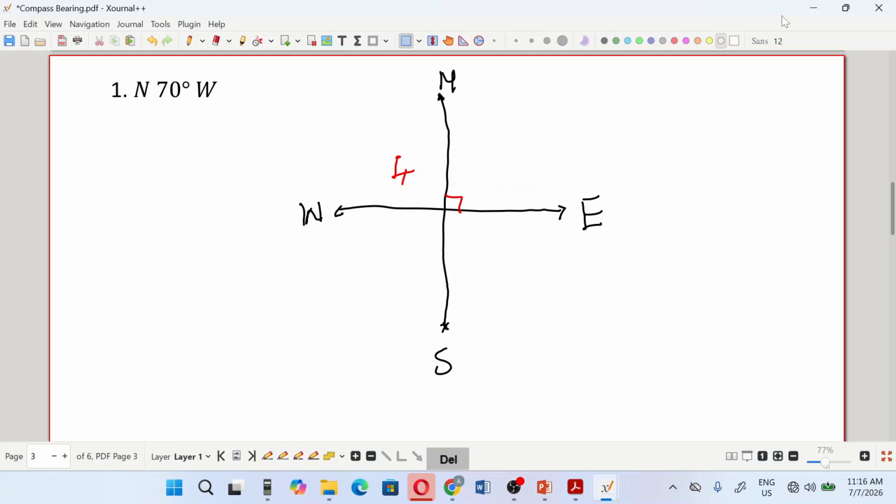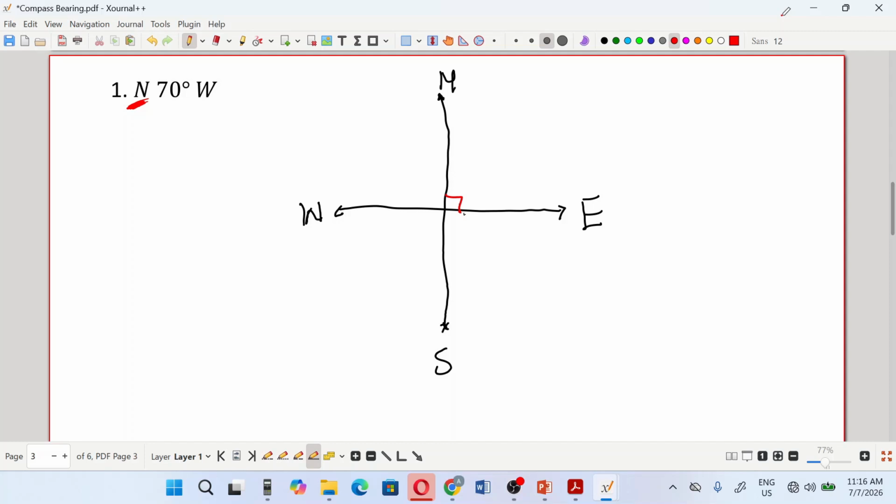Right, so now when we look at the question, it tells us that we start from north. So I'm at north, and it's telling me 70 degrees.